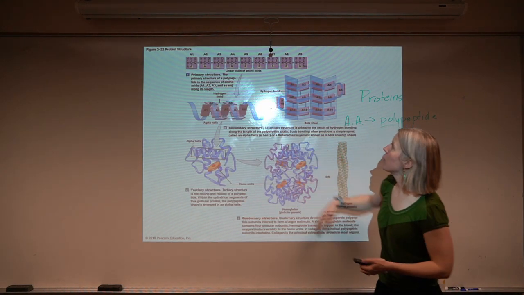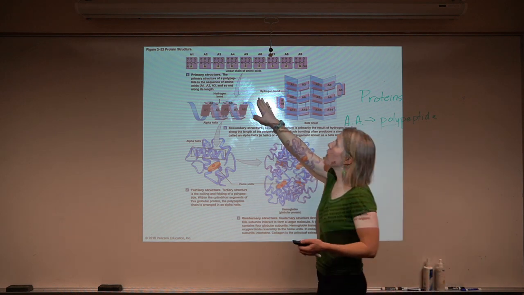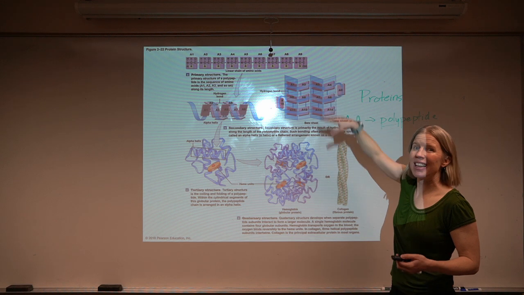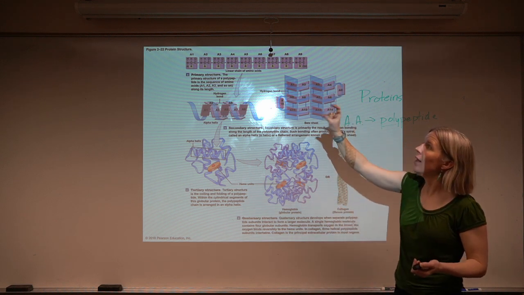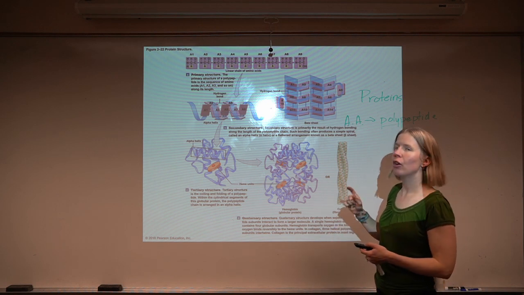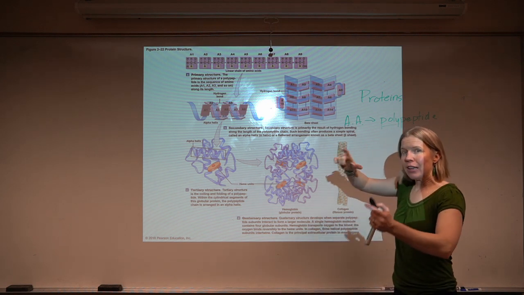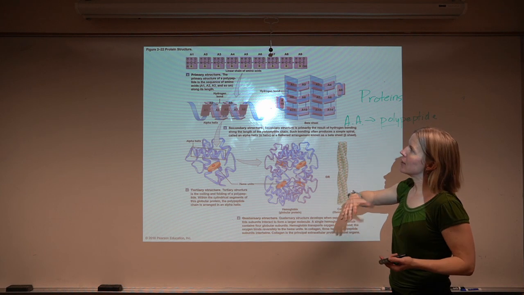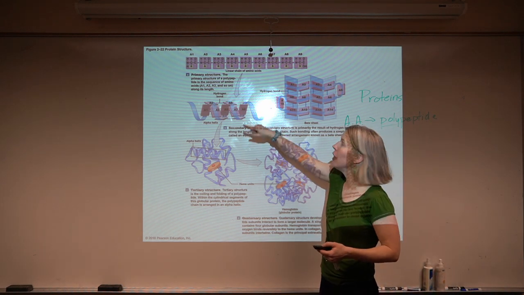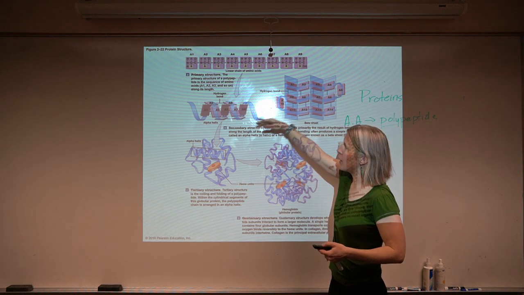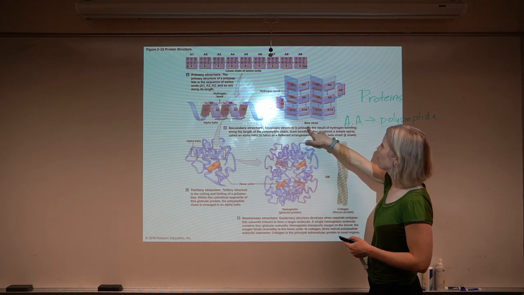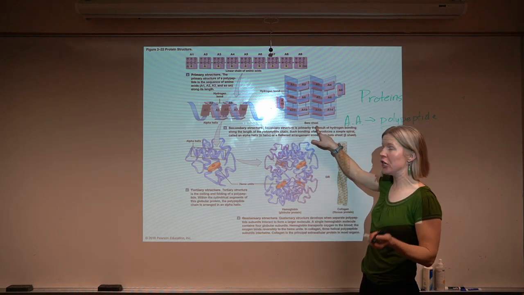Okay, this is what that folding process looks like. If you recall this from 1111, you have this polypeptide chain that is considered the primary structure. The order of amino acids is dictated by your genetic code. Then the interactions between those different amino acids are going to allow it to fold into what we call a secondary structure, either as a helix, they call that the alpha helix, or it folds more like sheets of paper, what they call the beta pleated sheet, right?